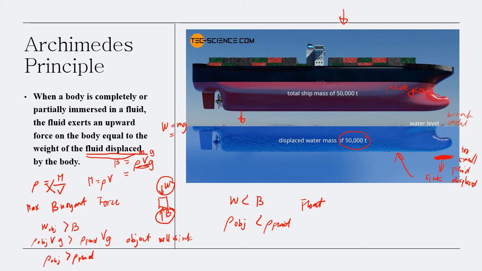So this is the secret: if you want something to float, you just have to make sure that the fluid displaced is great, meaning it has a high tendency to float. But if the fluid displaced is very small, it will tend to sink.